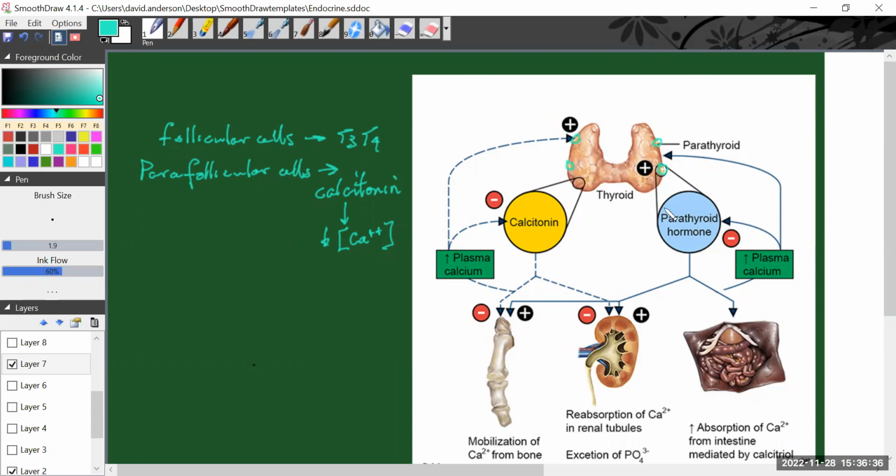They produce parathyroid hormone, which we described as basically being antagonistic to calcitonin. If it's antagonistic to calcitonin, it means we're going to be able to raise blood calcium levels when we activate parathyroid. So those two hormones are going to be sensitive to the concentration levels of blood calcium.